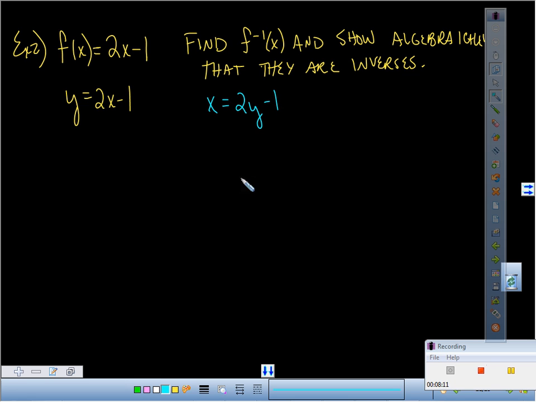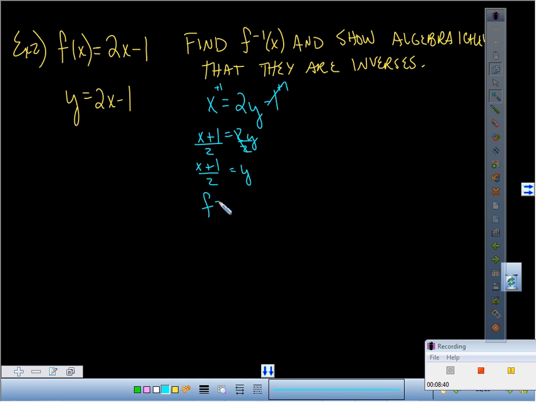Now what are you going to do? Solve for y. So I'm going to add 1 to both sides. So x plus 1 equals 2y. And now what do I do? Divide by 2. So y is equal to x plus 1 over 2. I'm okay with you leaving that like that, but I do want you to write it as its inverse.